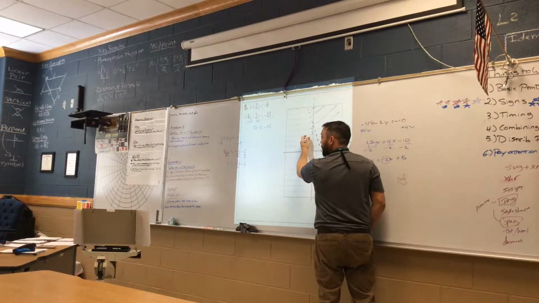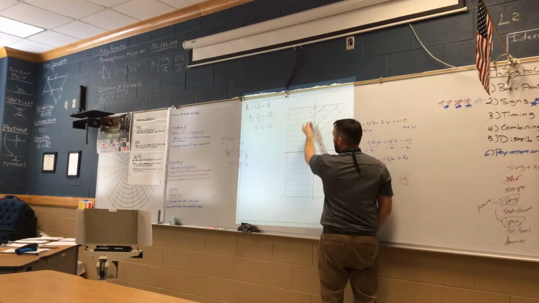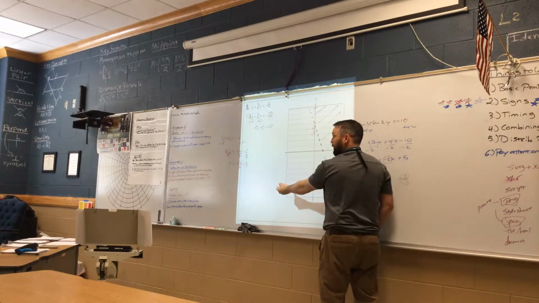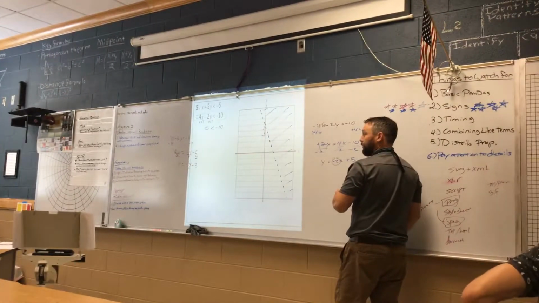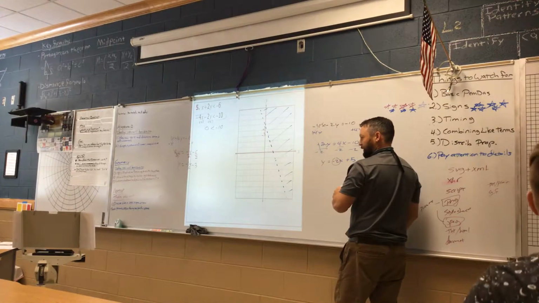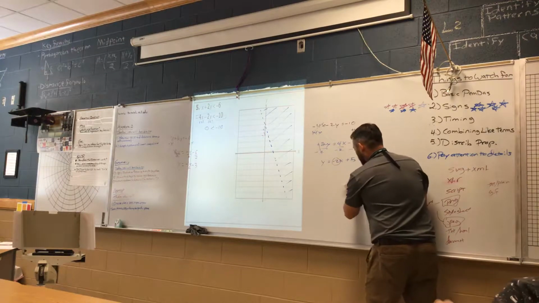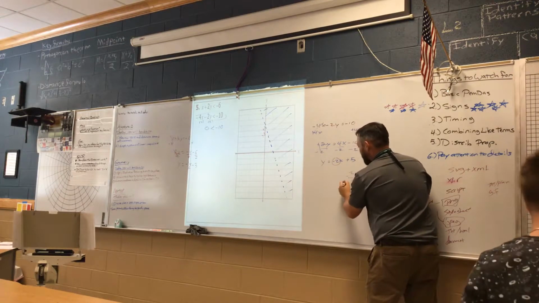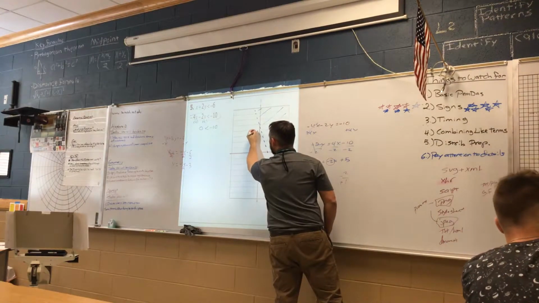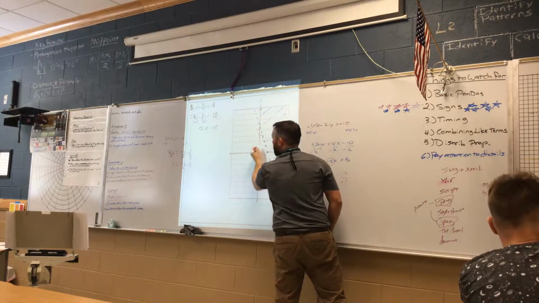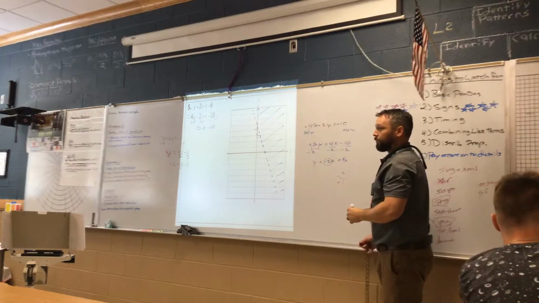Negative 2 over negative 1 is a positive 2. You see how that line's doing this? That's a positive slope. That's a negative slope. Does that make sense? So when you see that, that's like saying negative 2 over positive 1. You're still dropping down 2. You're moving 1 in the positive direction. Okay?